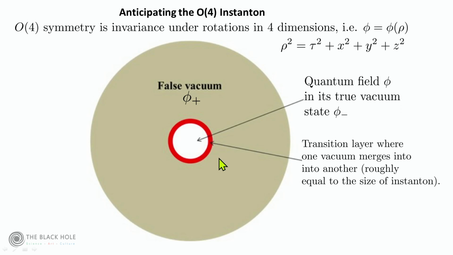And as we discussed in the quantum mechanical case, the instanton is very localized. You go from one vacuum, which we call minus A, to the other vacuum, which is plus A, with a very sharp transition.